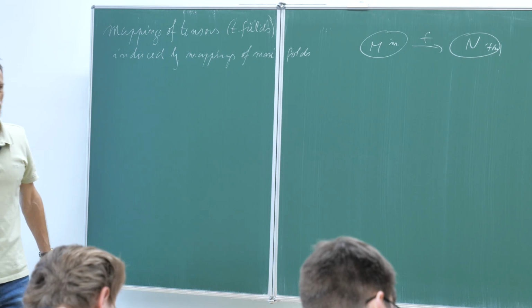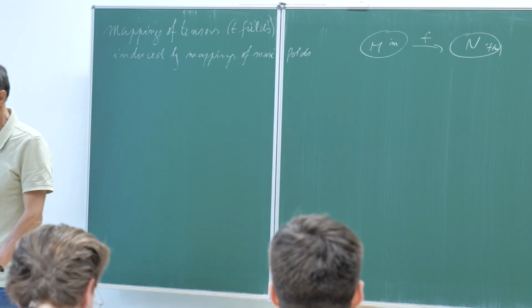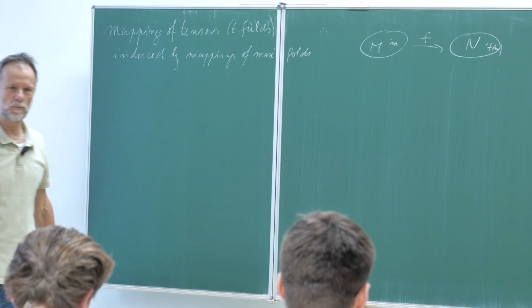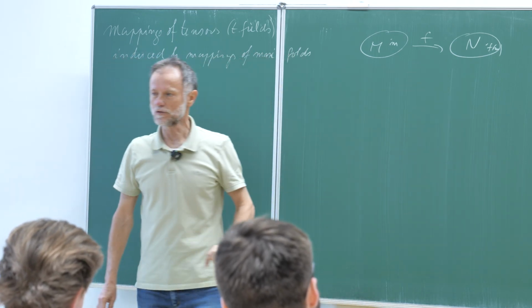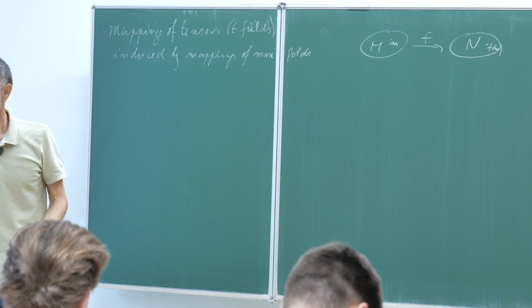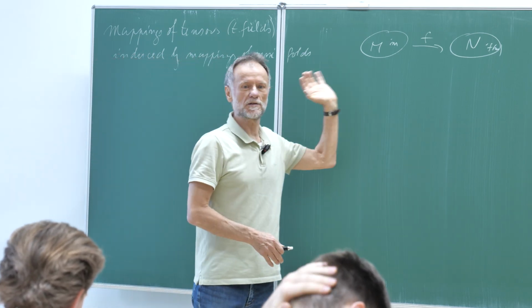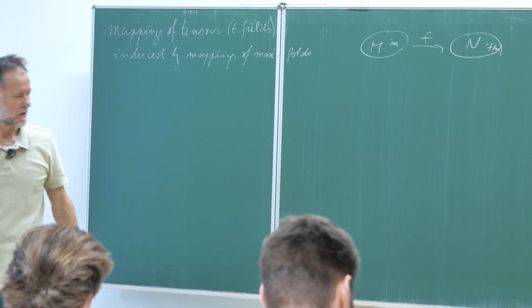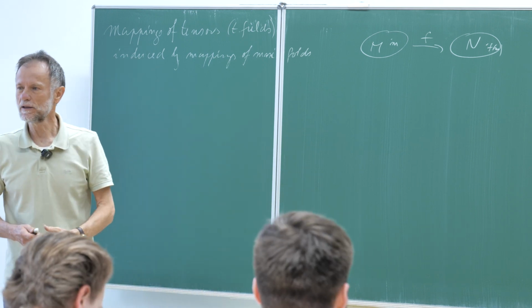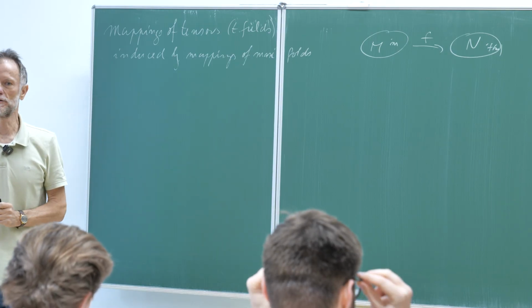But this is not the most interesting thing concerning mappings, because more important objects are geometrical objects living on these manifolds, and it turns out that whenever you map the points of the manifolds, that is the manifolds themselves, there is automatic mapping of geometric objects living on these manifolds, and this is very interesting for us.